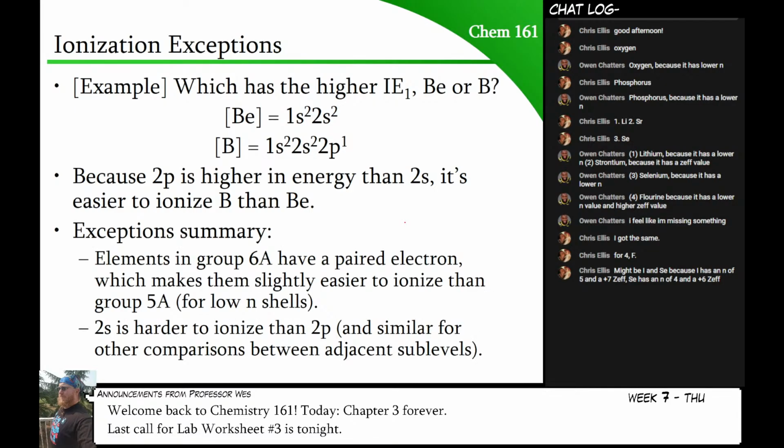So again, those are our exceptions. So the first paired electron is lower in energy than the previous one. So group 16 versus group 15. And then hopping from 2s to 2p means you jump up in energy. And so it's easier to ionize 2p.